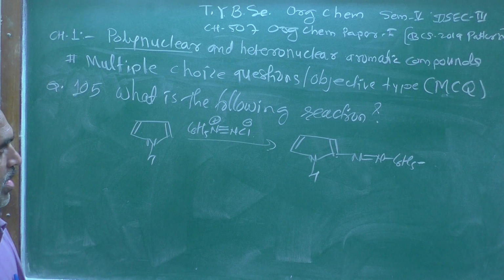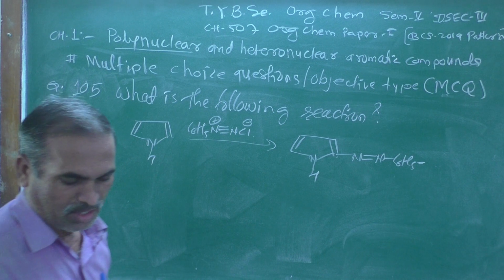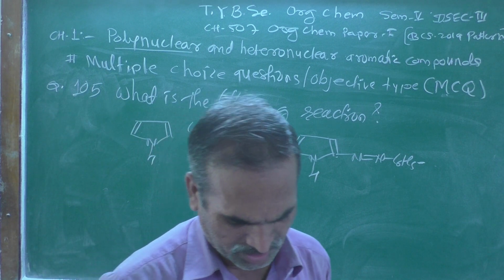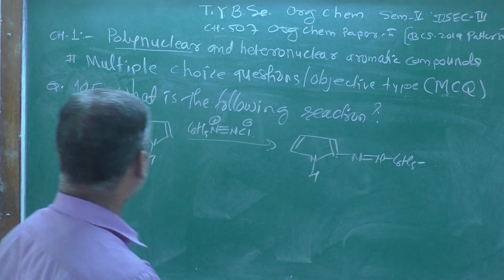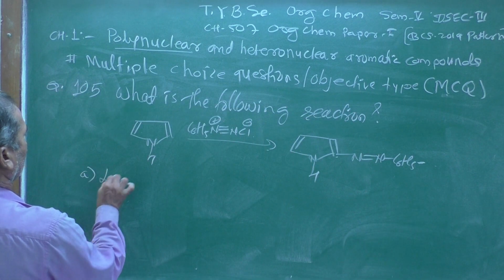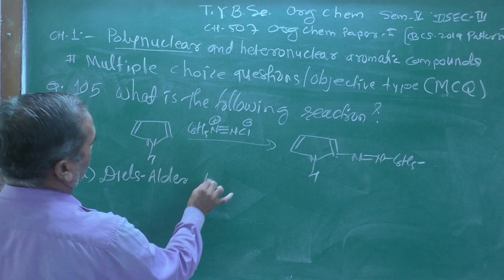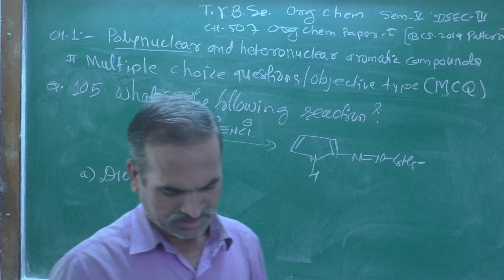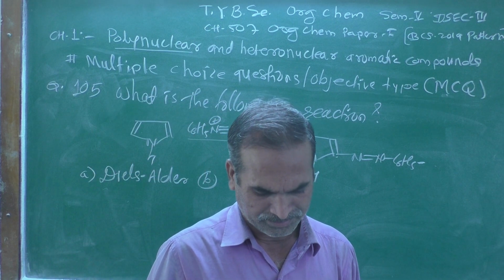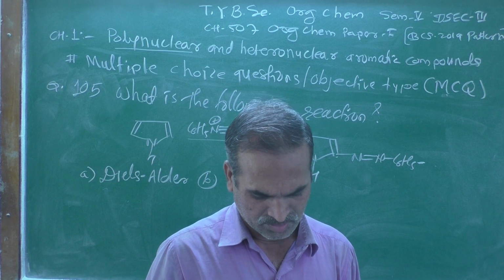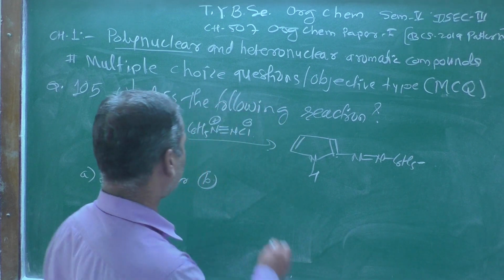What is the following reaction? Now options are given. A is Diels-Alder. B would be Paul-Knorr.